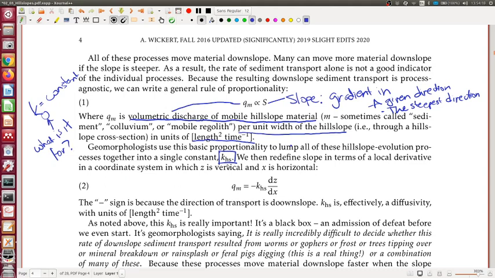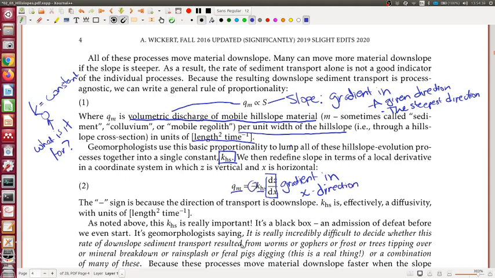And so what I'm showing here now is that we have this Q sub m, so the rate at which this mobile material is moving is going to be equal to this constant of proportionality times dz dx. And so this is going to be the gradient in the x direction. And then I have this minus sign here.